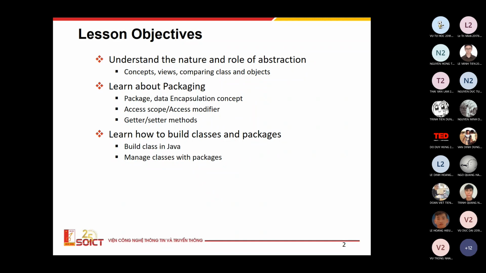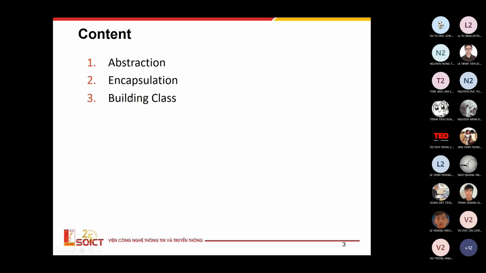And you will learn how to package, to present the encapsulation concept about the modifier and some kinds of methods in OOP, the getter and setter methods. And you will learn how to build classes and packages in Java. Okay. And we will have 3 parts in this lesson.